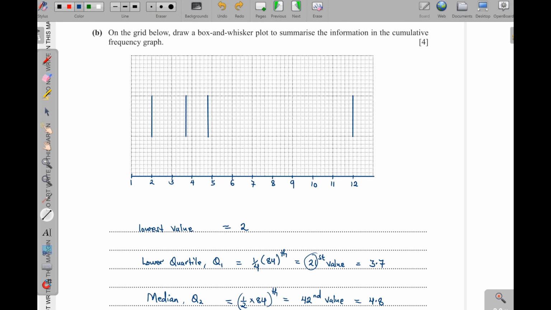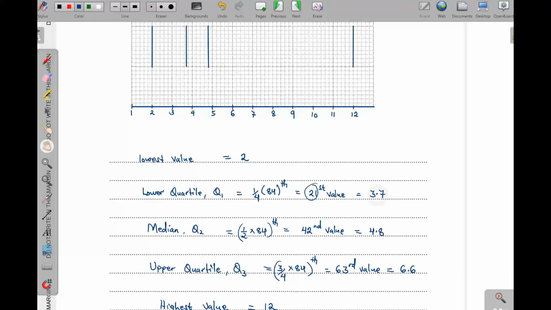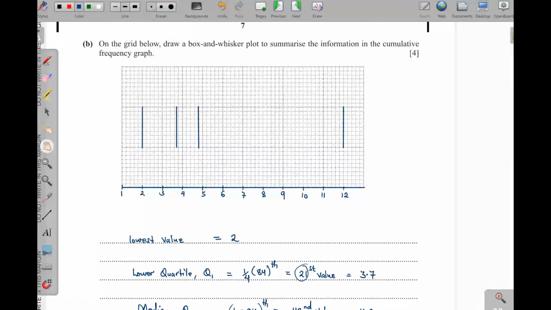So it will be here. And then the upper quartile is going to be, what did we get here? 6.6. Okay, so 3 small boxes on the right of 6. This is the one here.